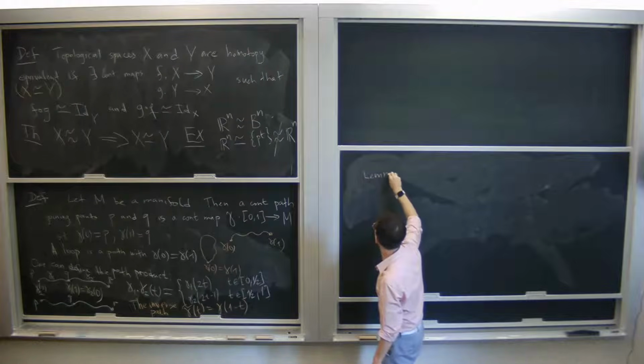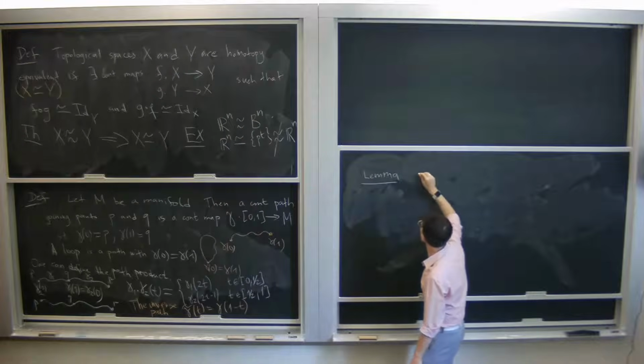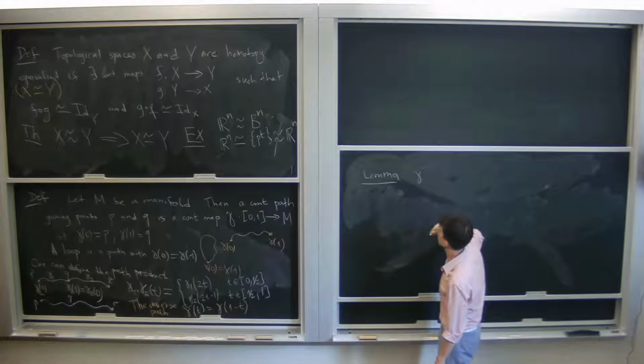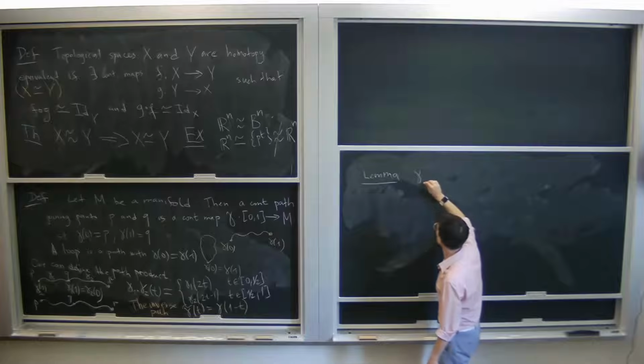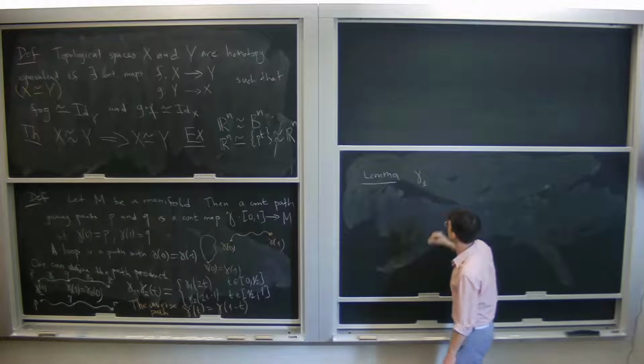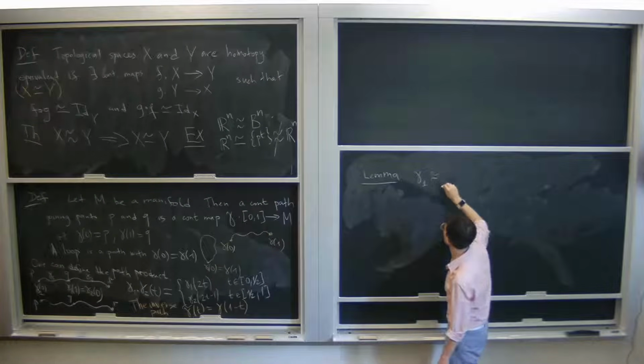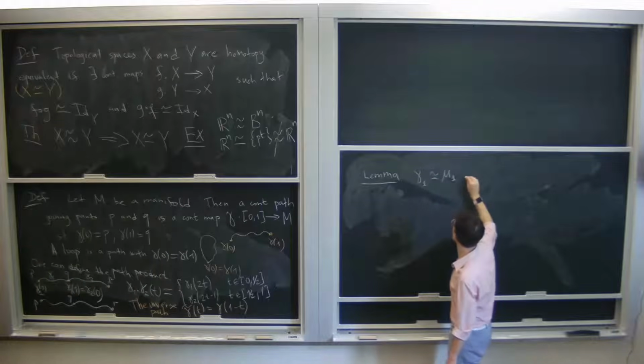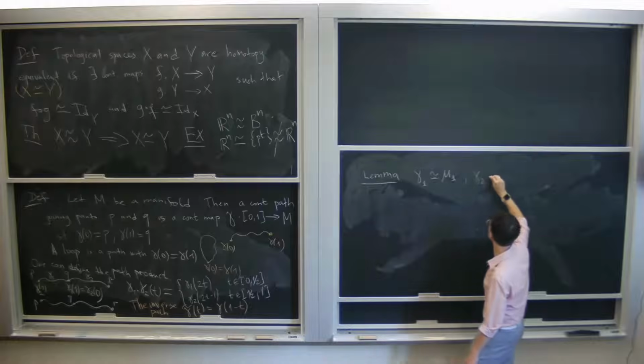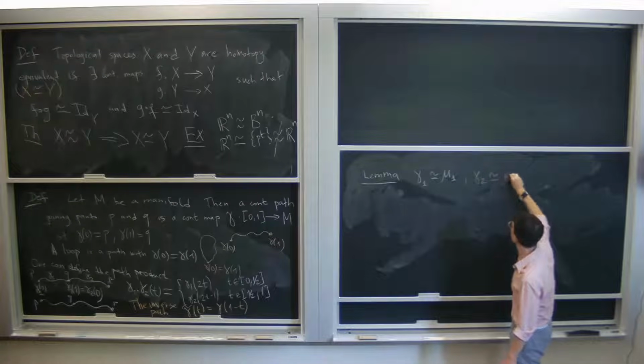I will write it as a lemma. If we have gamma 1 homotopy equivalent to mu 1 and gamma 2 homotopy equivalent to mu 2.